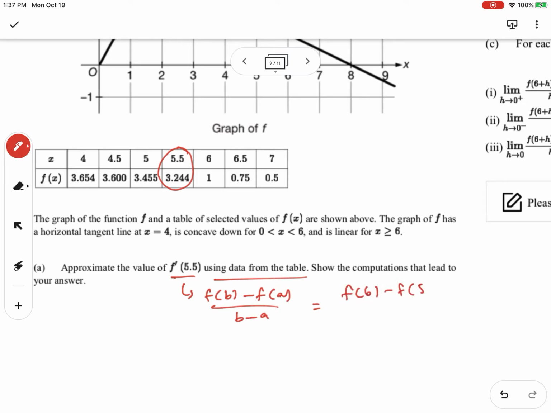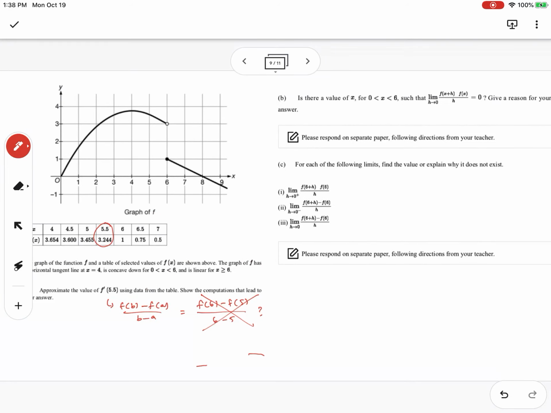over b minus a, right? So we might think, okay, maybe I'll do f of 6 minus f of 5 over 6 minus 5. However, this is not going to work for us in this problem, because if we look up here, f of 5.5 is right here, and 5 would be a part of the graph, but notice that when we get to 6, we jump down to right here.